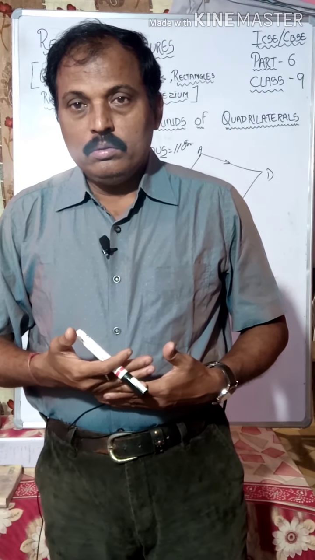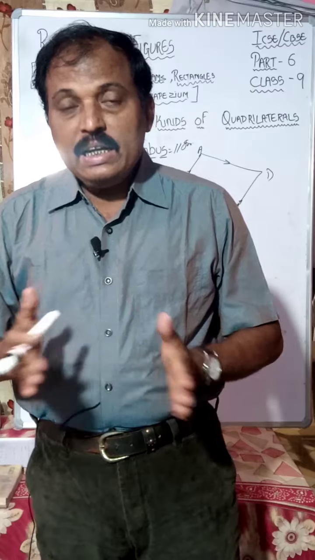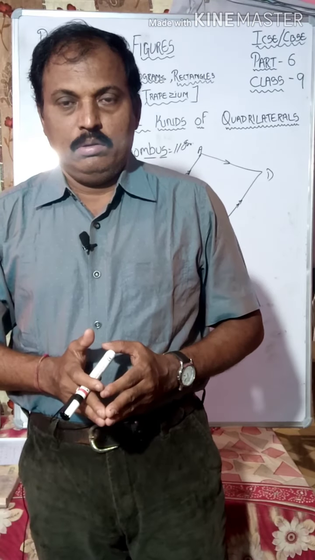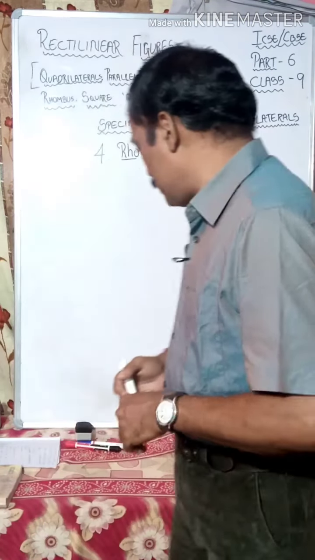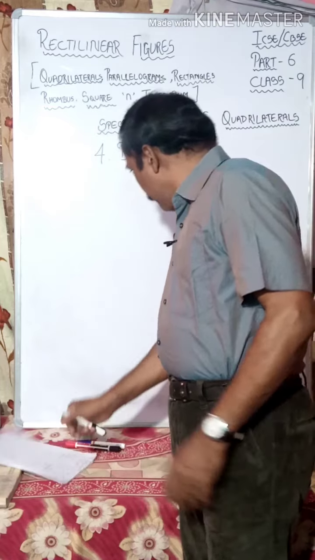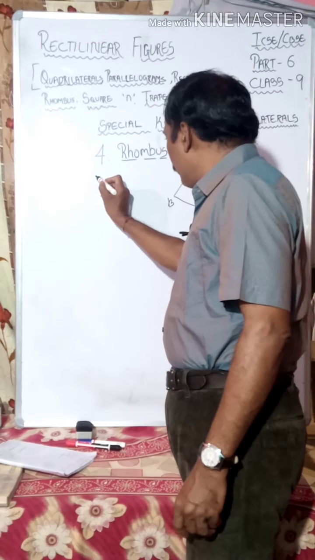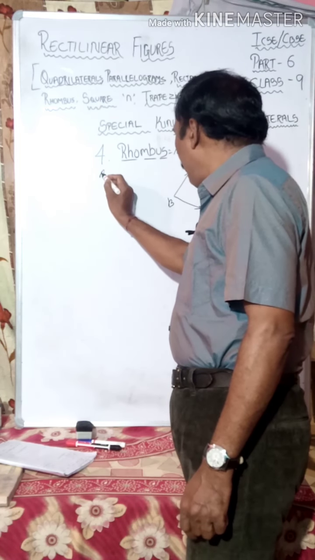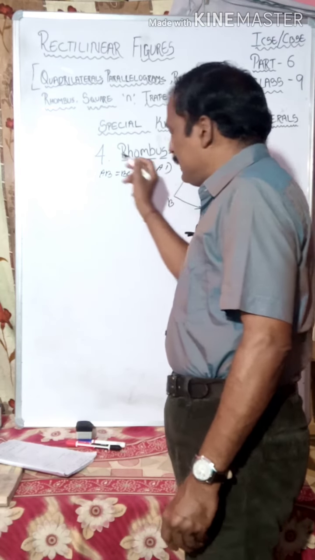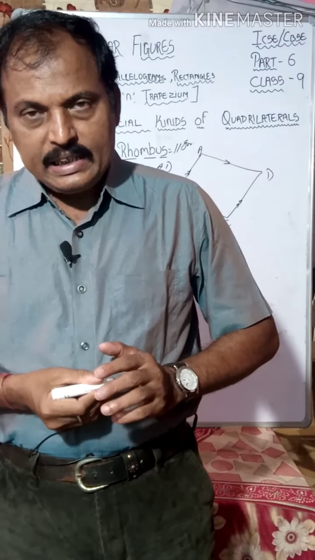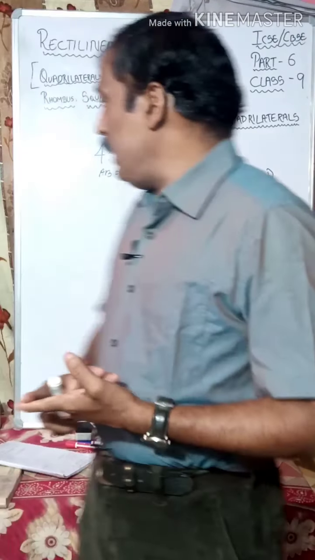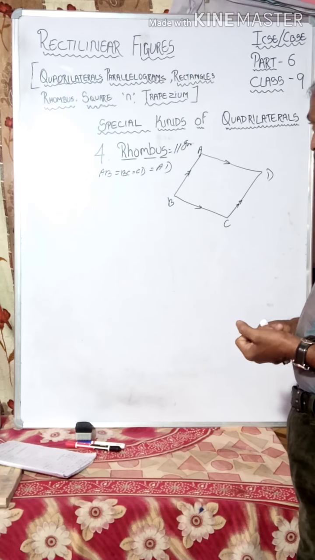So the parallelogram in which all sides are equal, or adjacent sides are equal, is called a rhombus. Then what are the terms relating to rhombus?